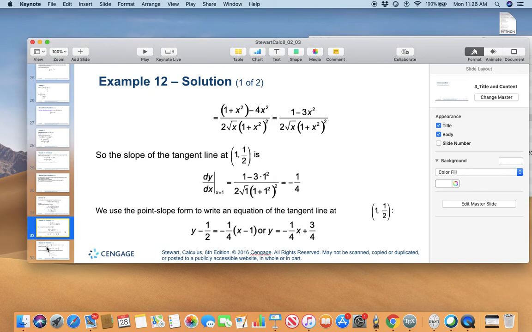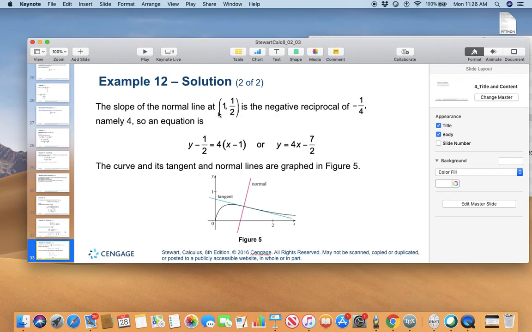What about the normal line? The normal line is perpendicular to the tangent line. So the slope of the normal line will be the negative reciprocal. Remember, for perpendicular lines, slopes are negative reciprocals of each other.